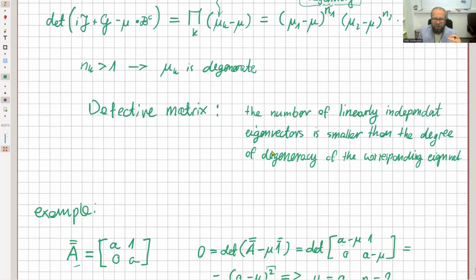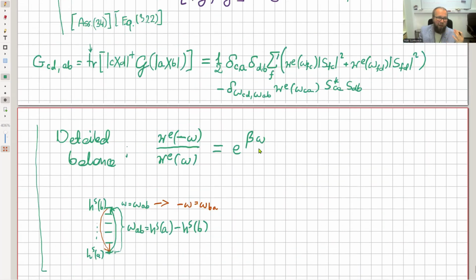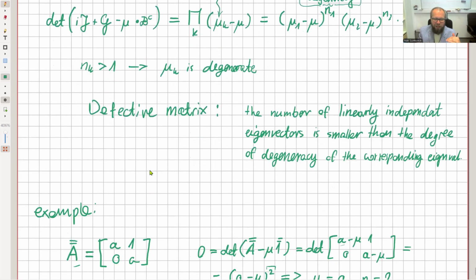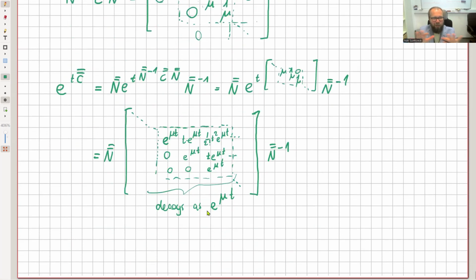Still, we are not completely lost because we can still perform this generalized diagonalization, this Jordan block stuff, and from that we know that the behavior of the map generated by iJ plus G still will have this form of some combination of terms that are attenuated by these exponential factors.